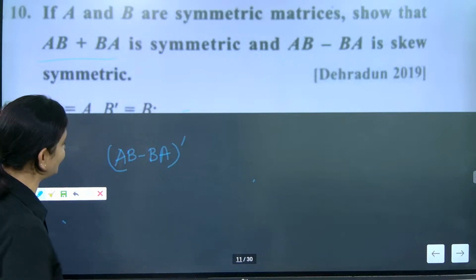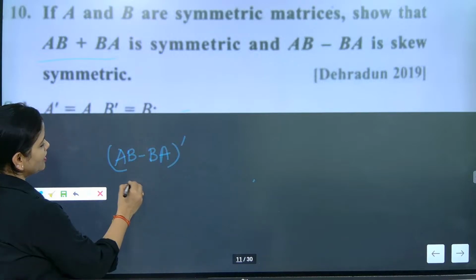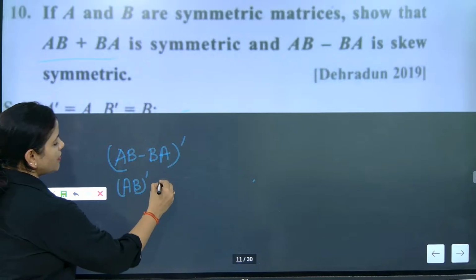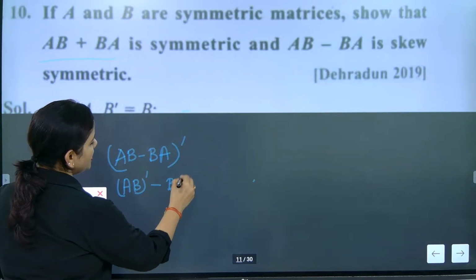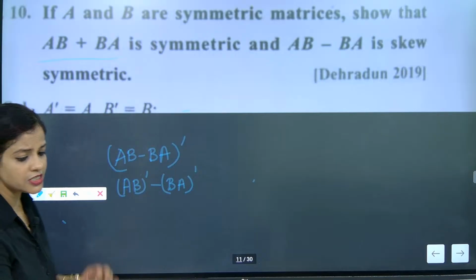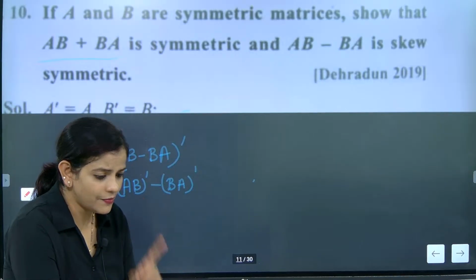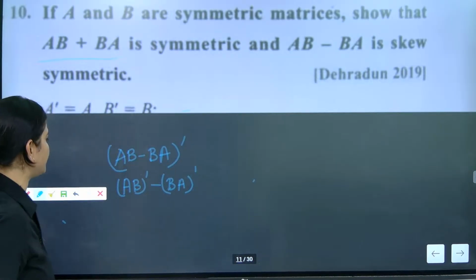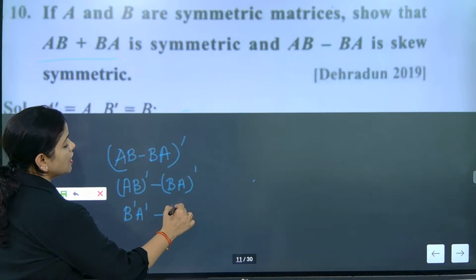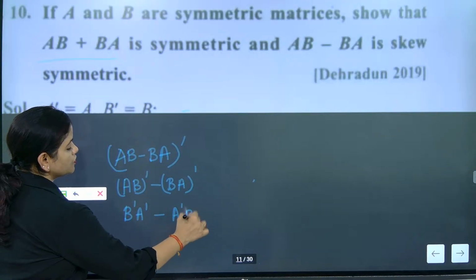Just remember this. Now look at the transpose of AB minus BA. It will become AB transpose minus BA transpose. Then, I am explaining again, it will become B transpose A transpose minus A transpose B transpose.